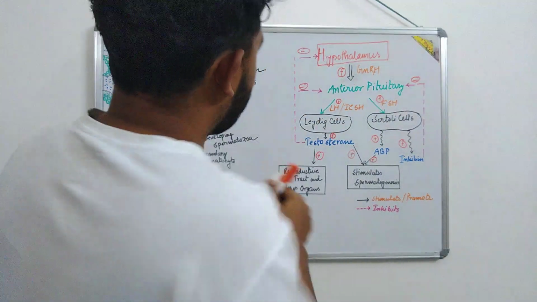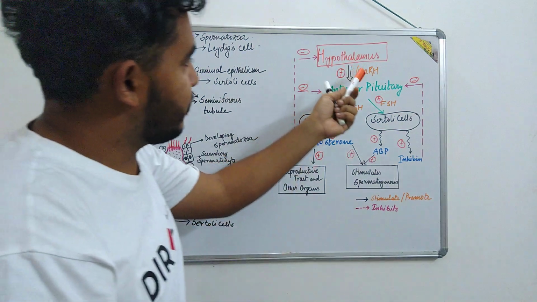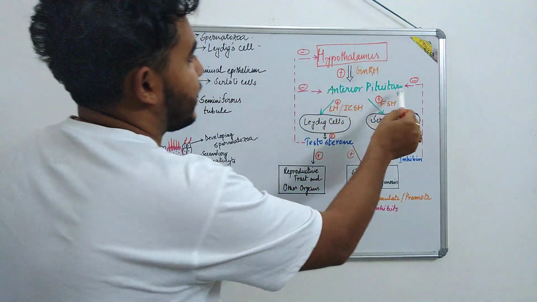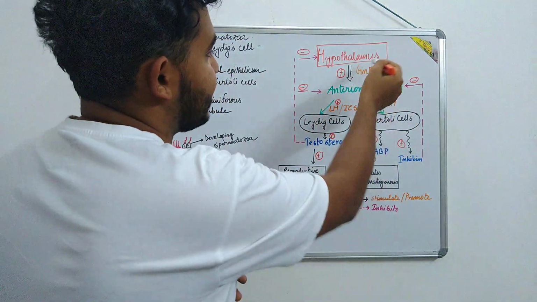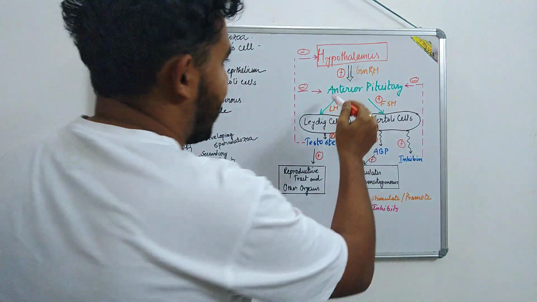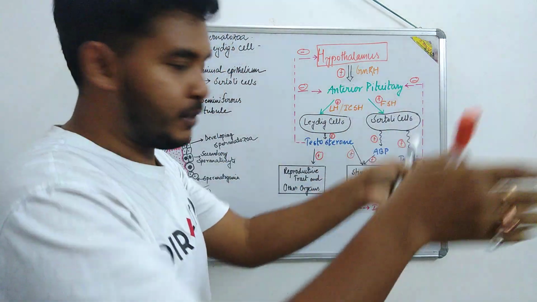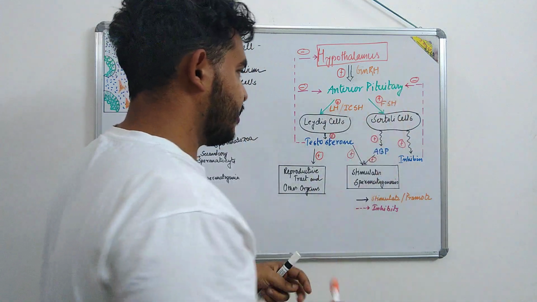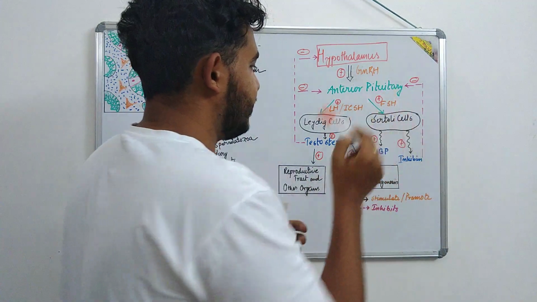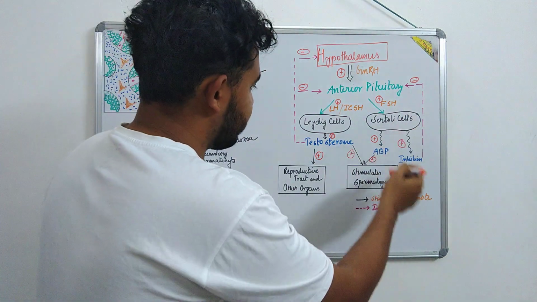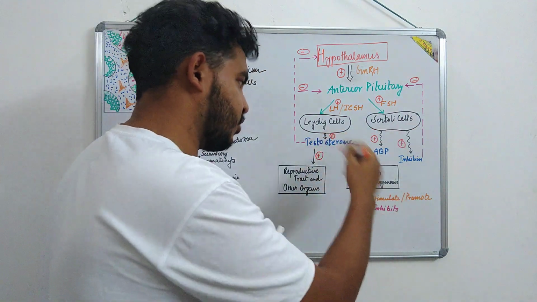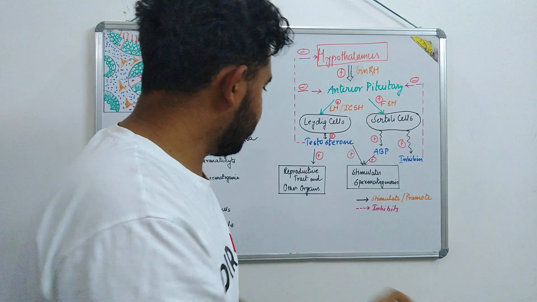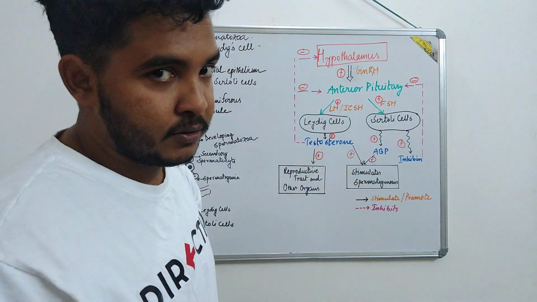So look, the hypothalamus gives a positive signal to the anterior pituitary through GnRH. And the anterior pituitary gives positive feedback through LH, ICSH and FSH to the Leydig cells and Sertoli cells. They again give positive feedback to testosterone. Testosterone helps in the growth of the reproductive tract and other organs.